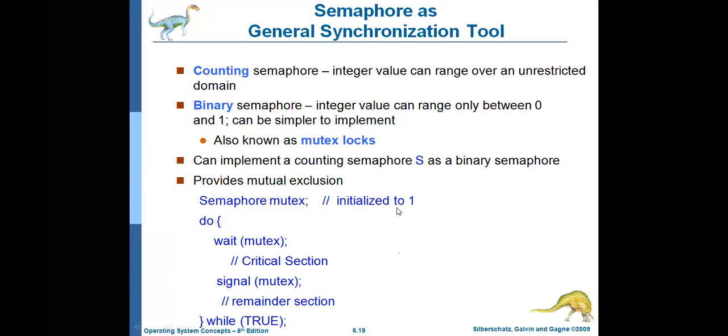Whenever a process is willing to enter into the critical section, it performs the wait operation on mutex. Wait of mutex means it will become 0. Whenever process P1 performs the wait operation on mutex, wait means decrementing the semaphore value by 1. Here the semaphore variable is mutex. So 1 minus 1 means 0, and the process will enter into the critical section.